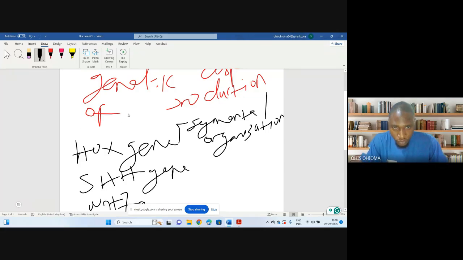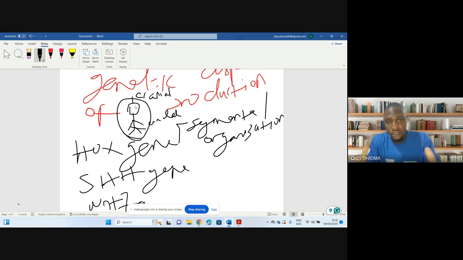So the fetus has the head, right? So when I mean segmental, it helps to differentiate the cranium from the caudal aspect. So it helps to delineate the fetus into a cranial caudal alignment in the womb, right? So the Hox gene is responsible for this segmental organization.